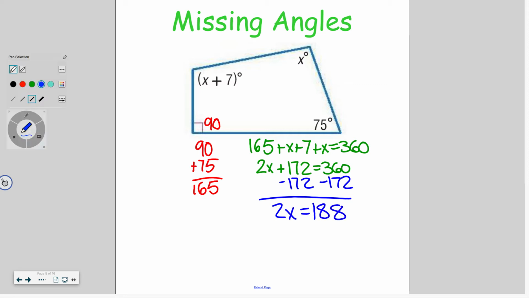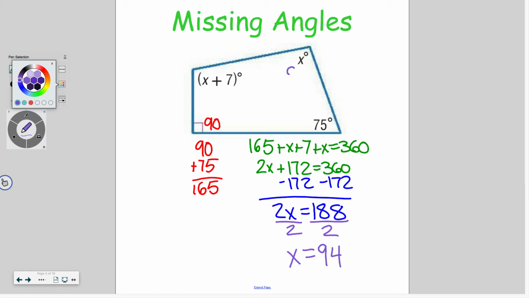Then I'm going to need to divide on both sides by 2. So I get x is equal to 94. So that means our x value up here is 94. Then I'm going to have to solve x plus 7, which is going to give me 101. So our 2 missing angles are 94 degrees and 101 degrees.